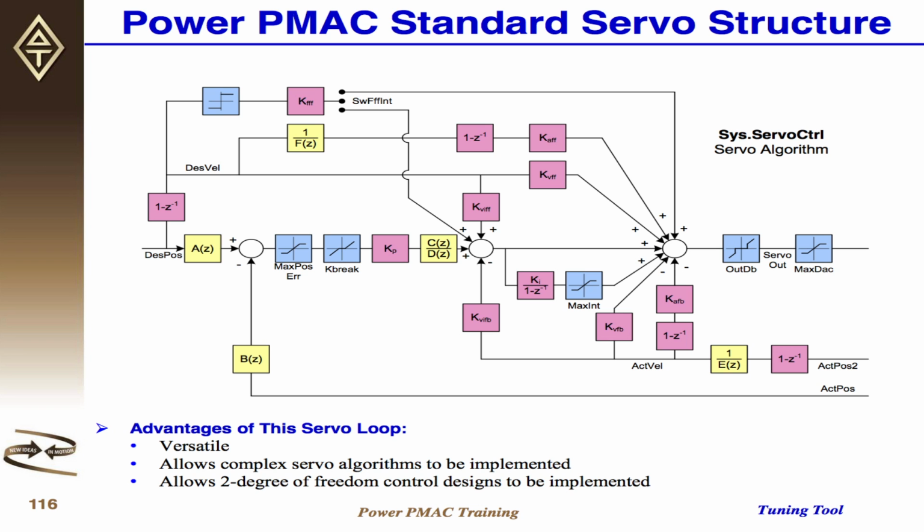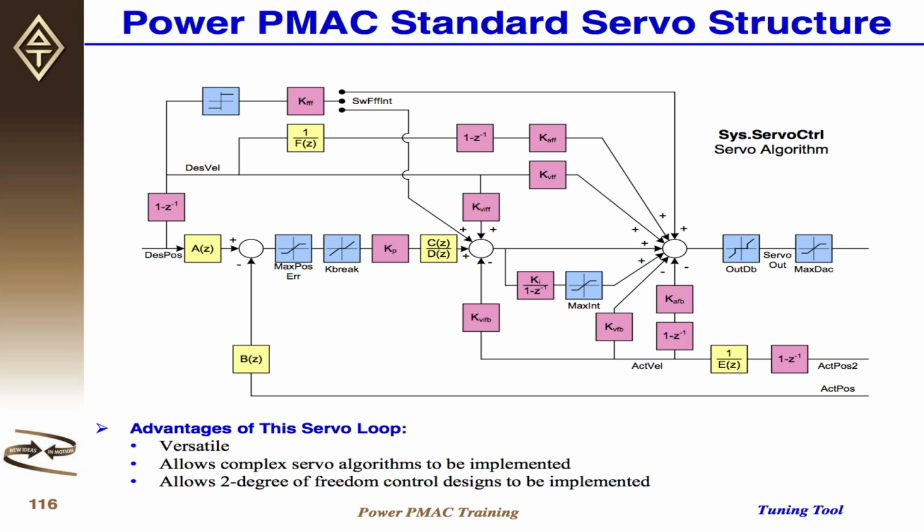And by the way, this is quite general, as you can see. We can also talk about extra nonlinear compensation terms. We have a deadband compensation here. And we also have a hysteresis control already built in on the output of the servo.